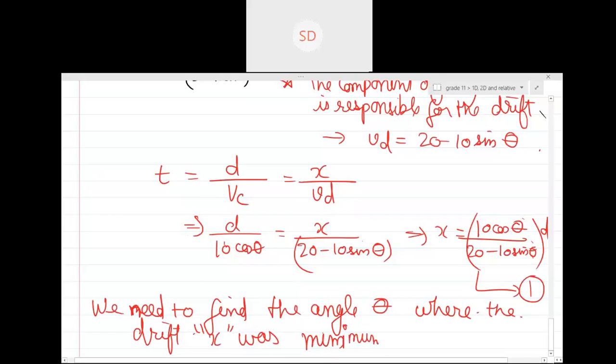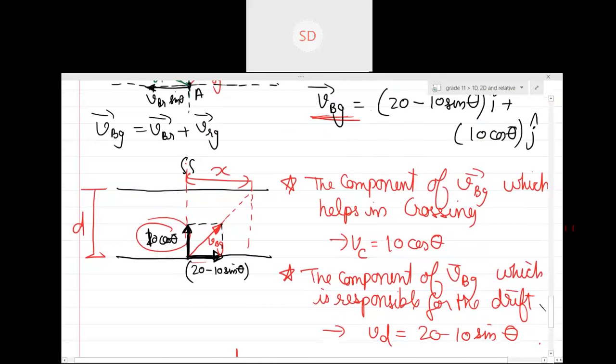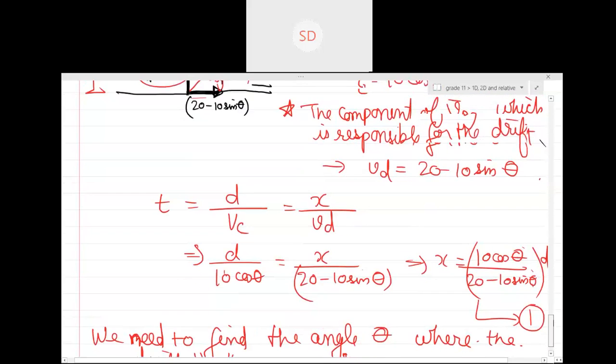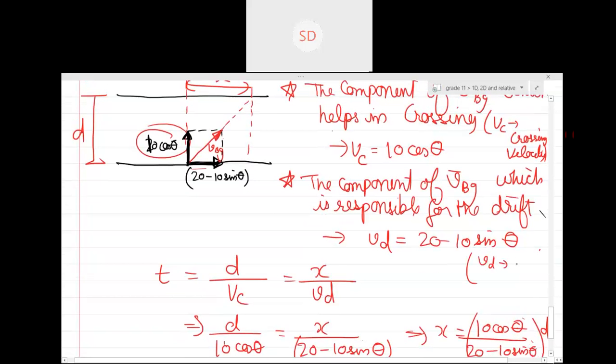VC is basically the crossing velocity and VD is basically the drift velocity. ठीक है.